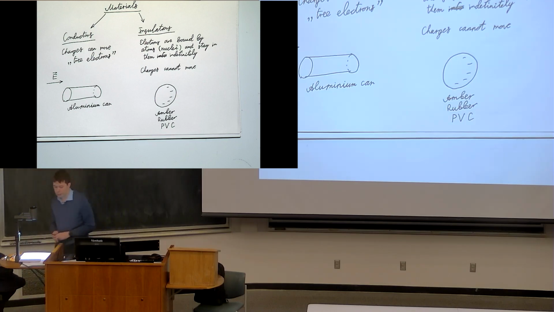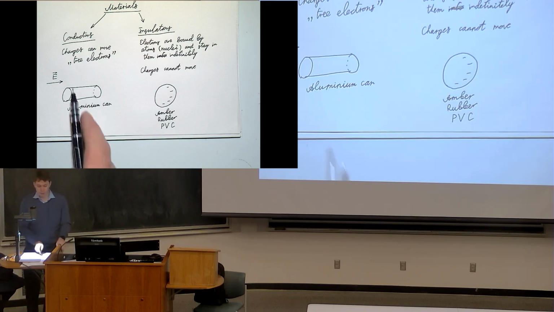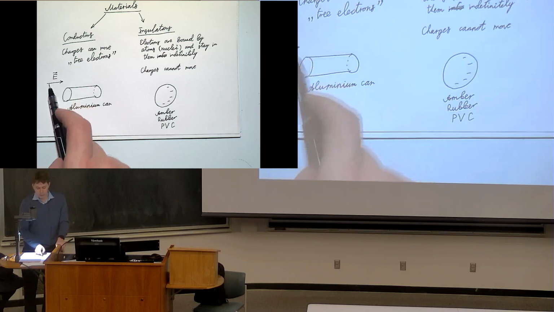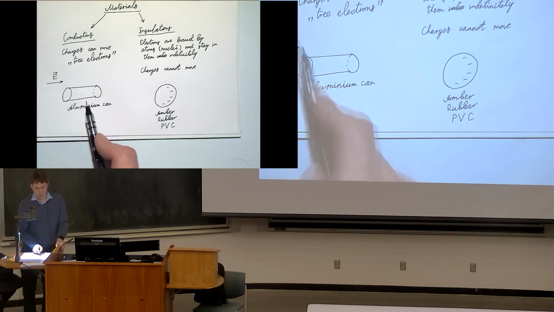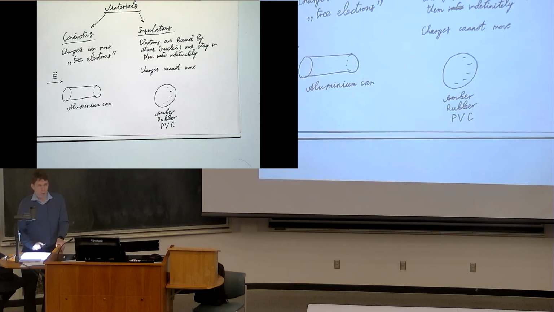Let's do a small exercise. Let's take maybe half a minute or a minute to think: if an electric field is applied in this direction, which end of the can will be positively charged and which end of the can will be negatively charged? So let's take a minute to think about that.